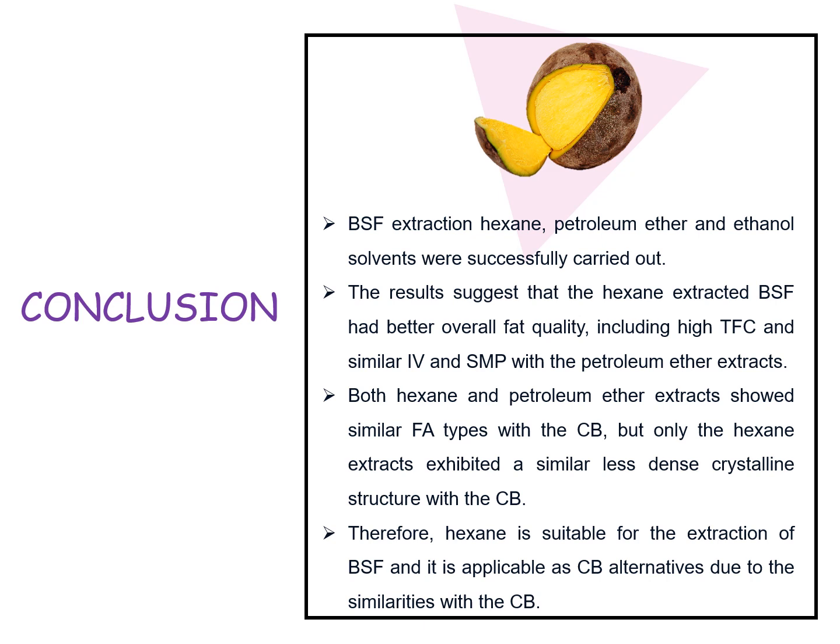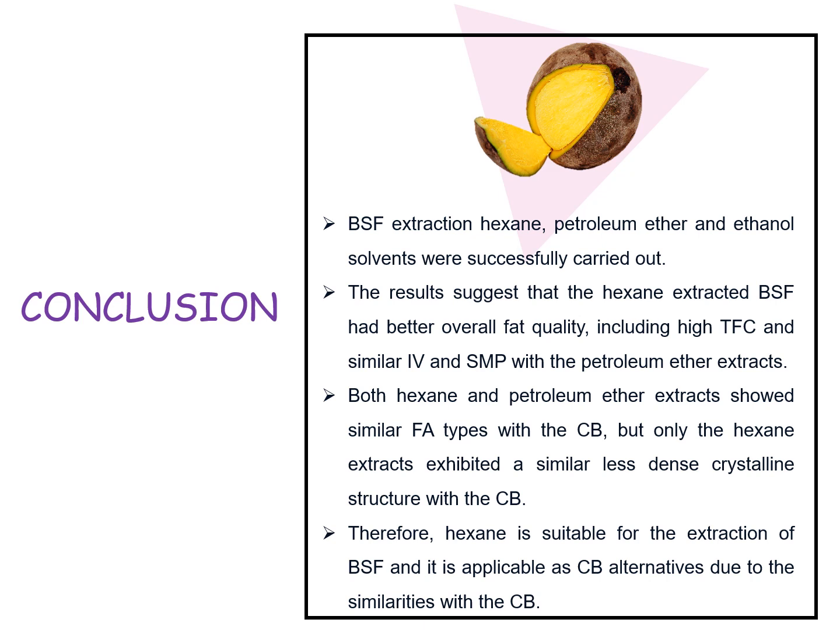It has similar iodine value and slip melting point to the petroleum ether extract, where both hexane and petroleum ether extracts showed a similar fatty acid type to cocoa butter, but only the hexane extract exhibited a similar, less dense crystalline structure to the cocoa butter.